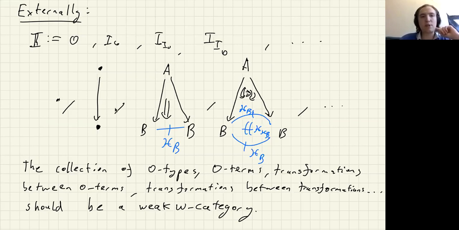So just to fix some notation, if we define I to be this globular object, the zero part is the points, the one part are these arrows, and the source and target maps pick out the previous shapes.